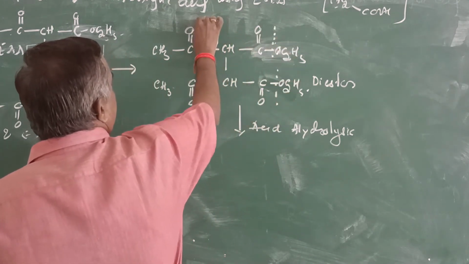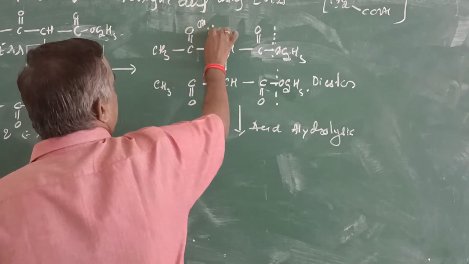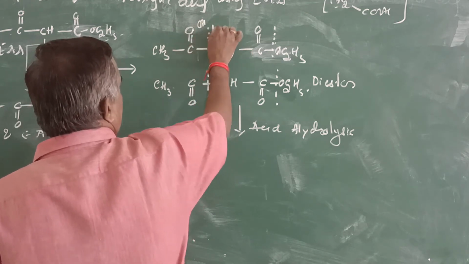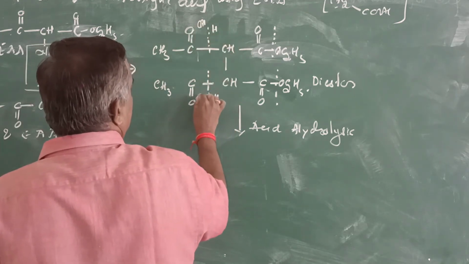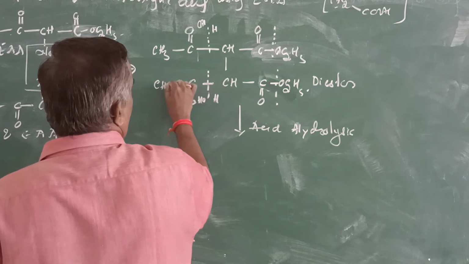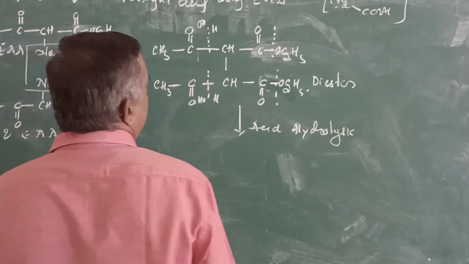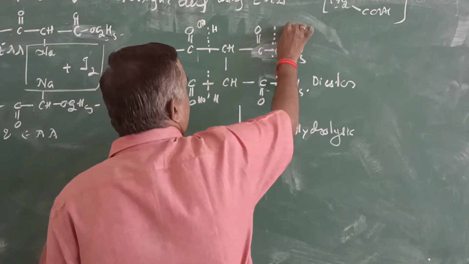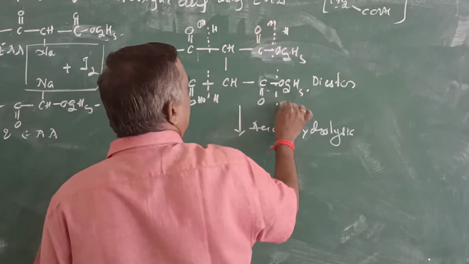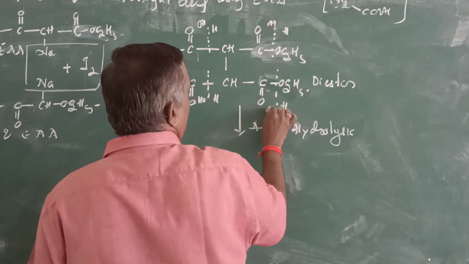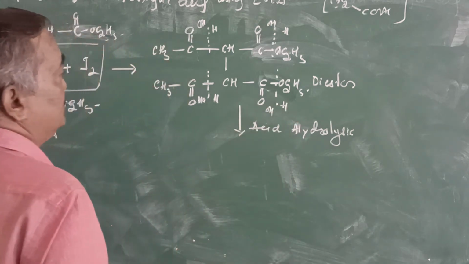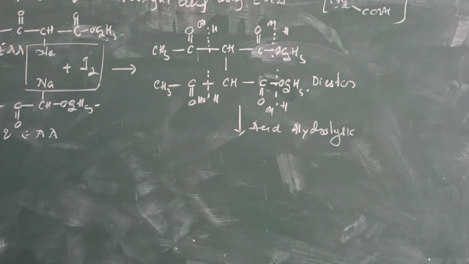Here OH is added to this, H is added to this carbon, OH to this, H to this, COOH. In the same manner, H is added to this, OH is added to this. So if you see, what would be the outcome?